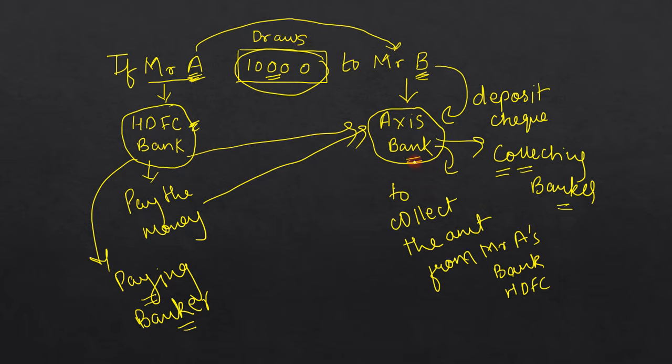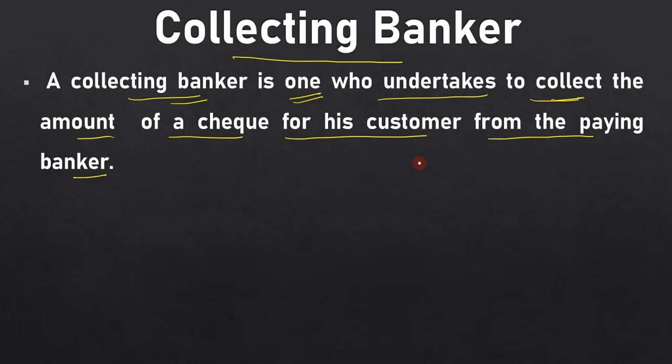Axis Bank is the one who undertakes to collect the amount for his customer, that is Mr. B, from the paying banker. So this is the meaning of collecting banker.